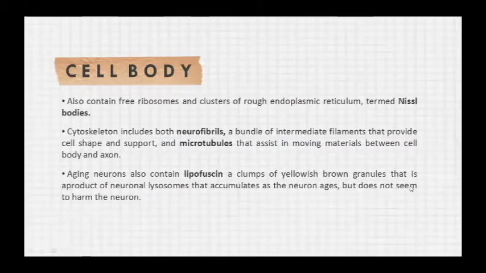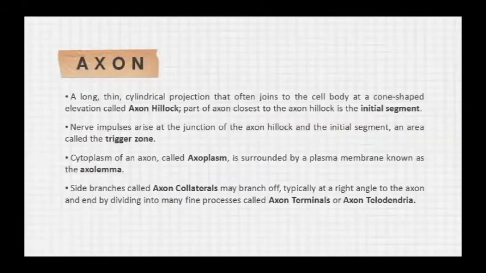While on our axon, the long, thin cylindrical projection that often joins the cell body at a cone-shaped elevation is called the axon hillock. The part of the axon closest to the axon hillock is called the initial segment.